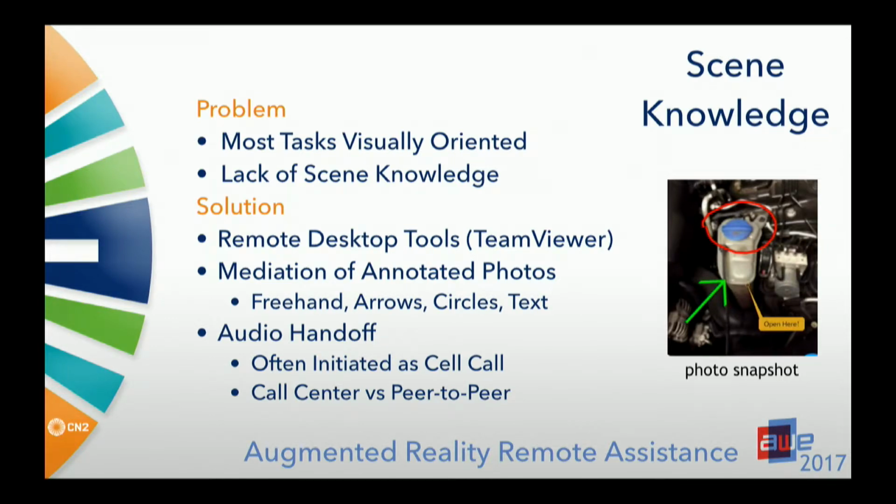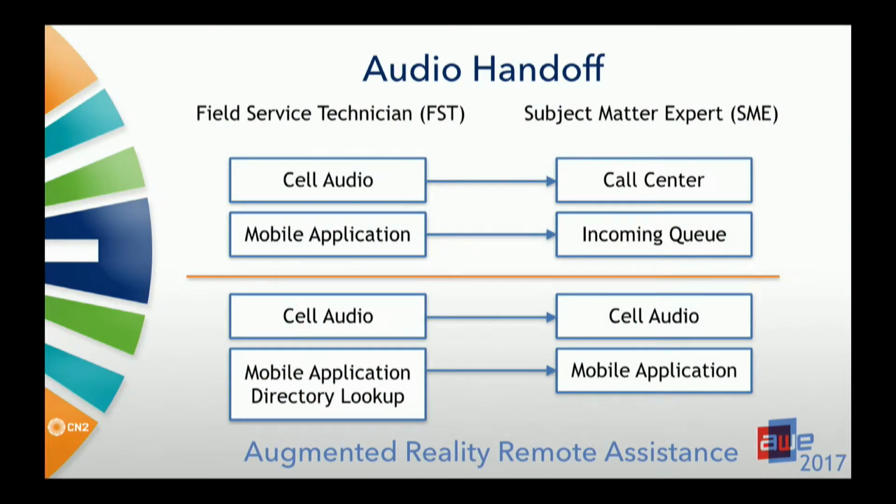Now, one issue that comes up with this has to do with the audio handoff, because a lot of times remote assistance starts with an actual phone call, not going right through the app. If you do go right through an app, obviously you can manage audio that way. So there's two common scenarios here.